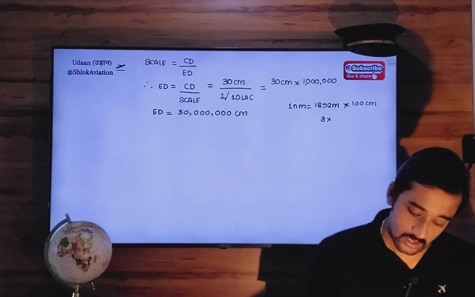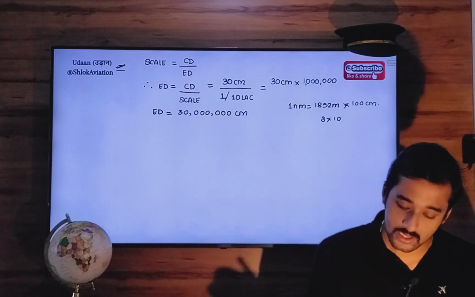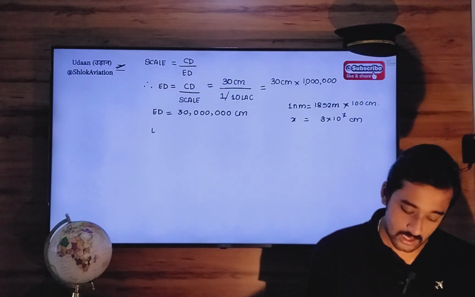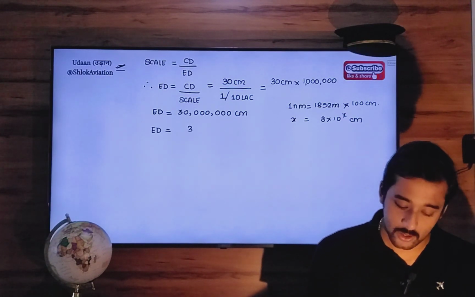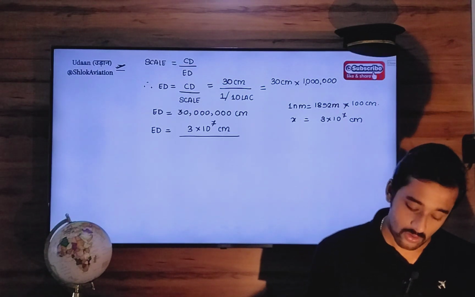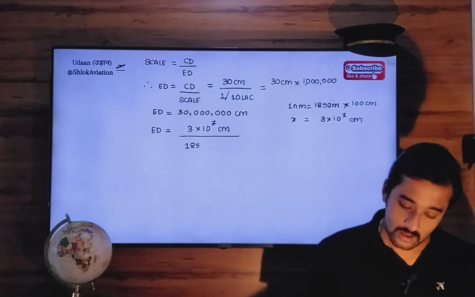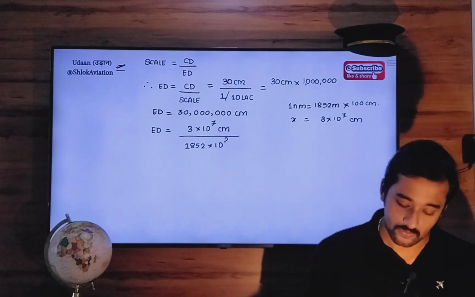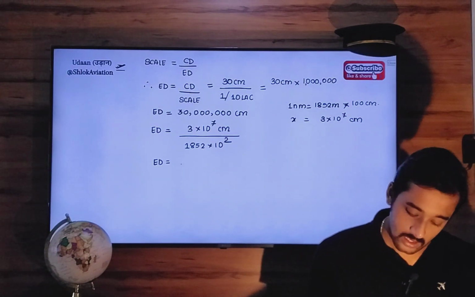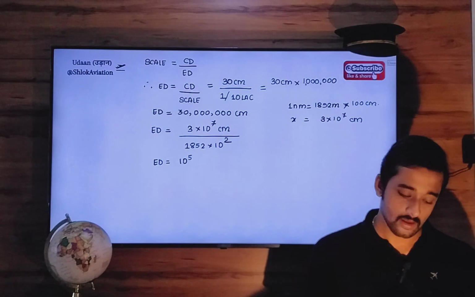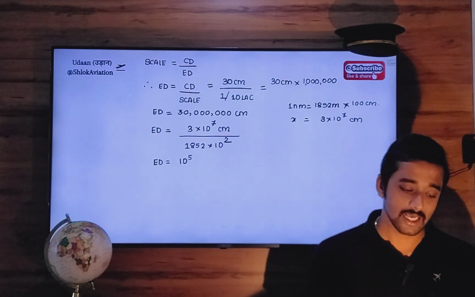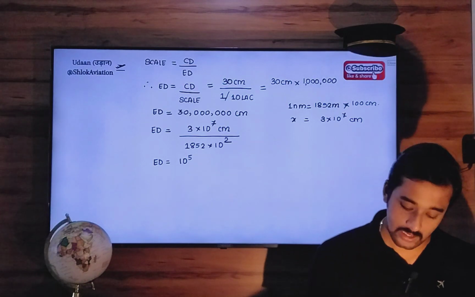So 3 into 10 raised to 7 centimeters equals how many nautical miles? Cross multiply: earth distance will be 3 into 10 raised to 7 centimeters divided by 1852 into 10 raised to 2. 3 divided by 1852 is 1.6198 something, so 1.6.